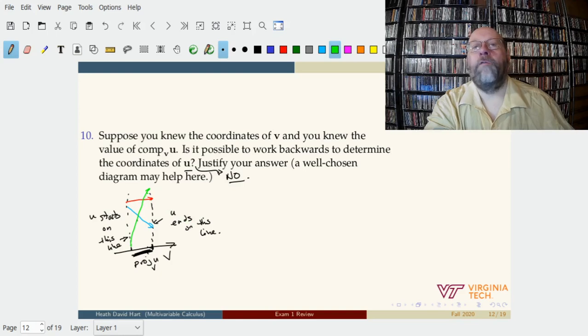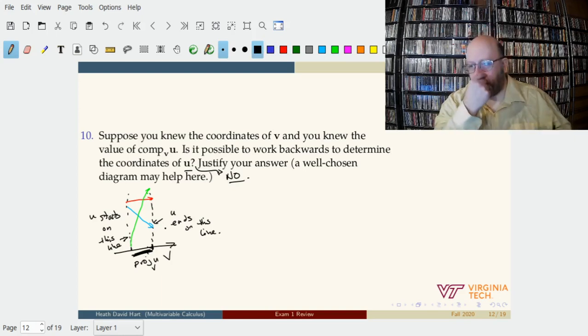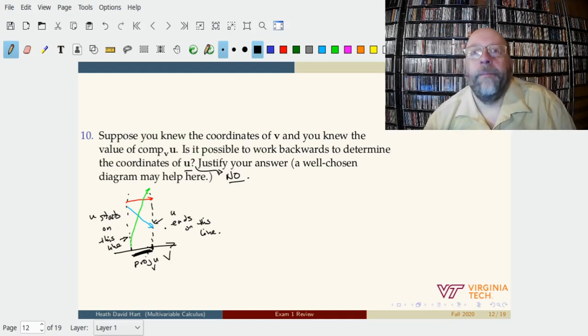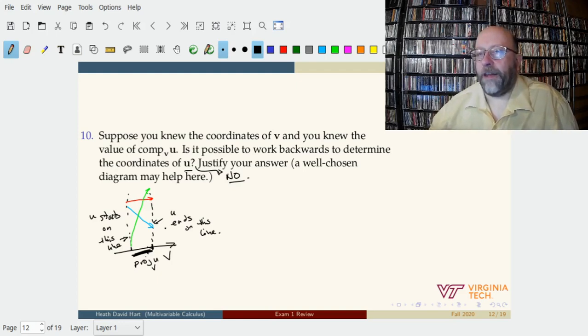And all of these vectors would have the same projection. We know a little bit about the starting and the ending points, but we don't know enough to identify either the direction or the magnitude of U, and therefore we can't figure out what its coordinates are. So knowing the projection is not enough to work backwards and figure out what the original vector was.